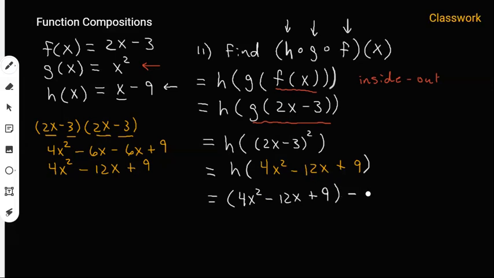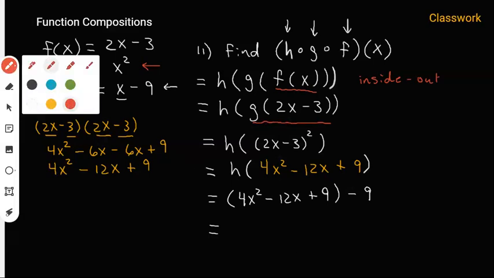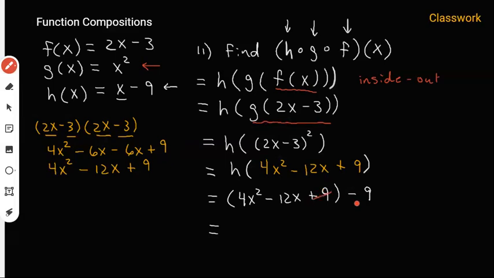And then I have a minus 9 at the end because that's what the function h is telling me. Subtract 9 at the end. Okay, so now I just need to simplify this and I'll be done, hopefully. What you will notice is I have a plus 9 right here. That's going to cancel out with this minus 9 right here. So my final answer is going to be 4x squared minus 12x. That's going to be my final answer for number 11.